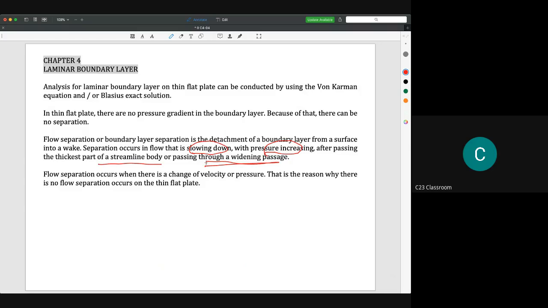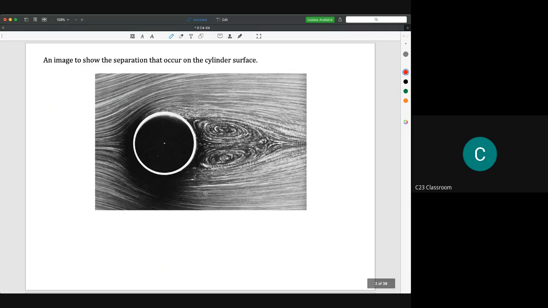Flow separation occurs when there is a change of velocity and pressure. Because a pressure difference occurs, flow separation can occur. Again, that is the reason why there is no flow separation on the thin plate. One common example of separation occurs on the cylinder surface. There is no separation on the thin flat plate.